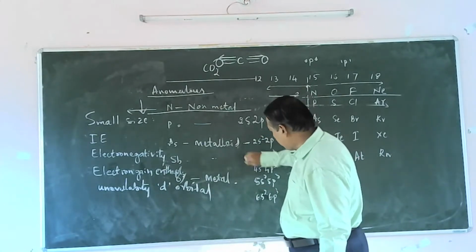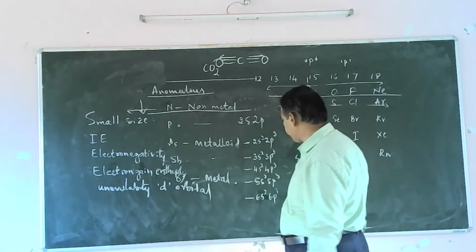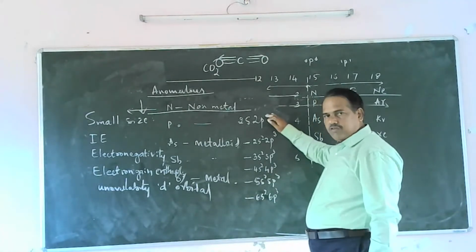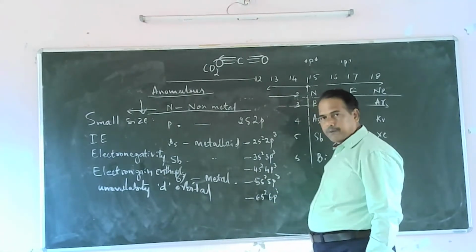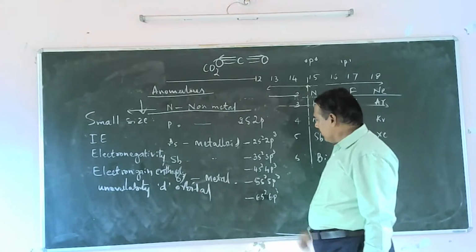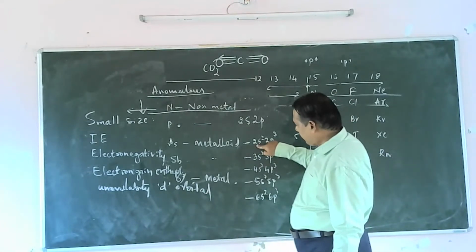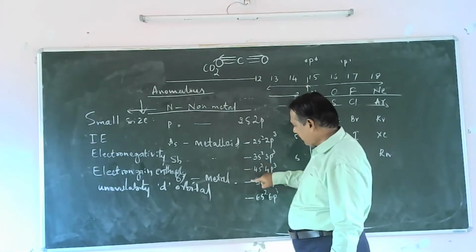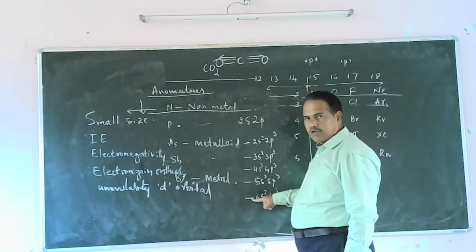See, these are nothing but the valence electrons. All contain 5 valence electrons. This is the second period, third period, fourth period, fifth period, sixth period.